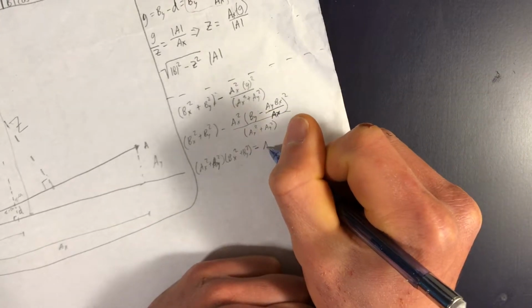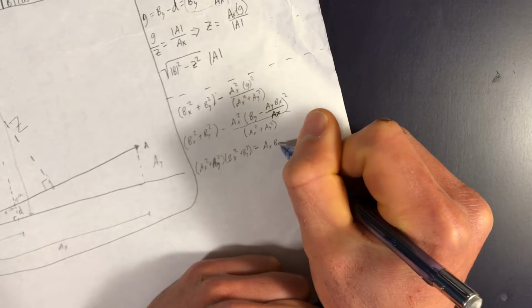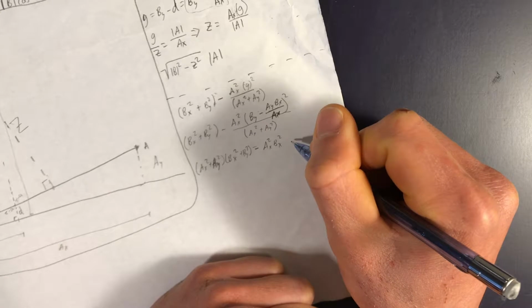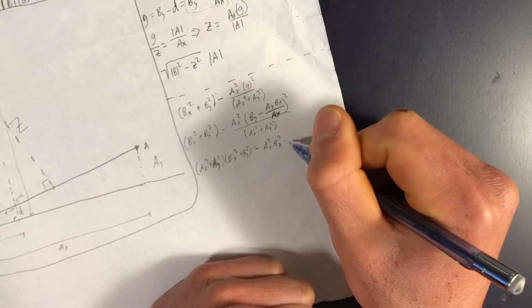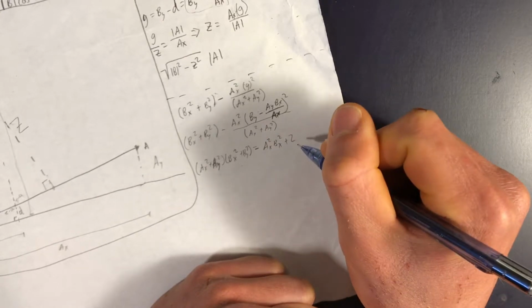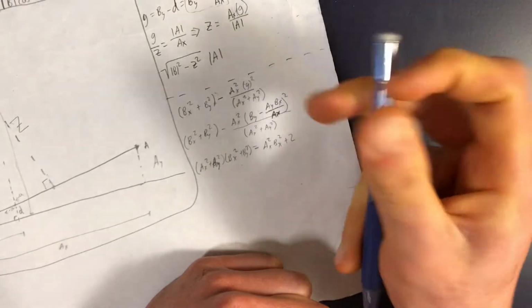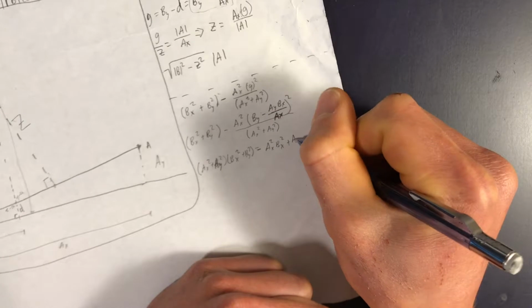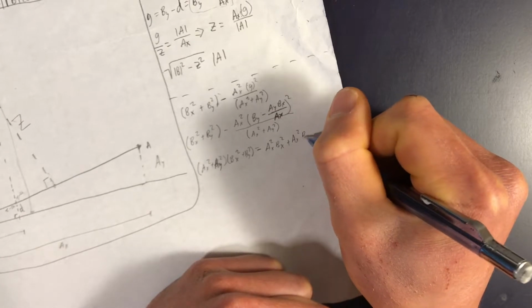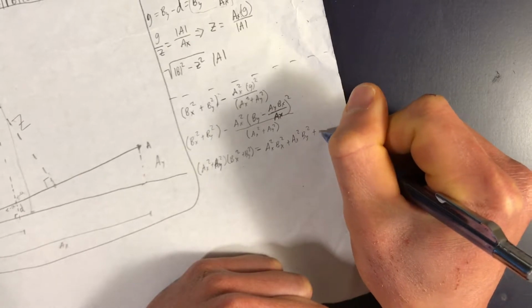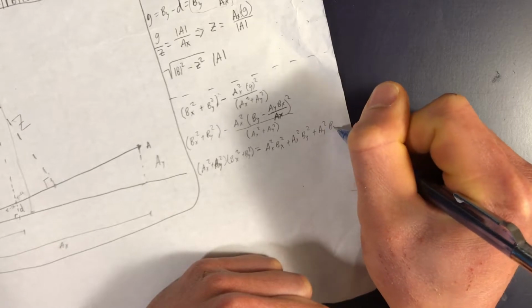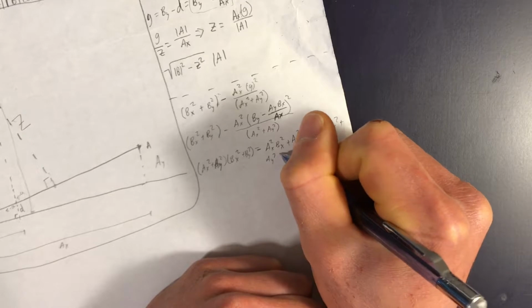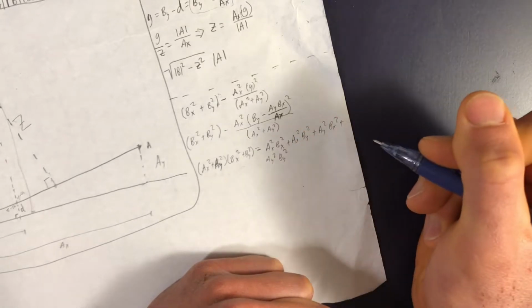Equals ax squared times bx squared, plus ax squared times by squared, plus ay squared bx squared, plus ay squared by squared.